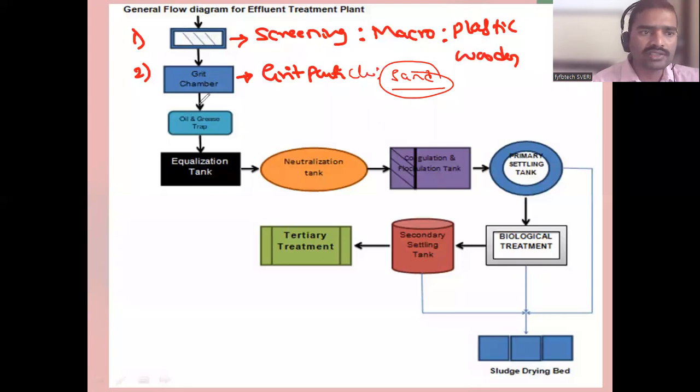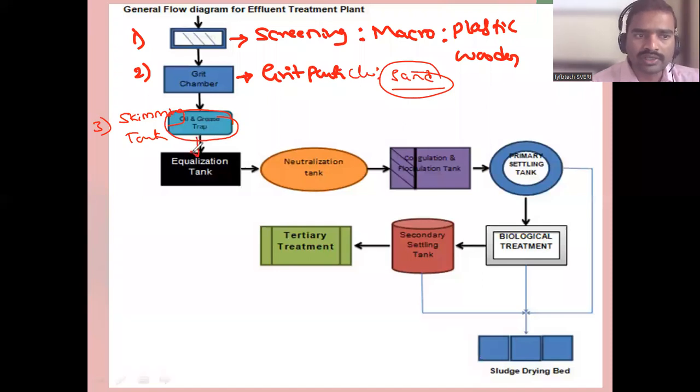After grit particles, where will it be taken? The third one is the oil and grease trap, the skimming tank. What will it remove? Oil and grease. This skimming tank will remove oil and grease.